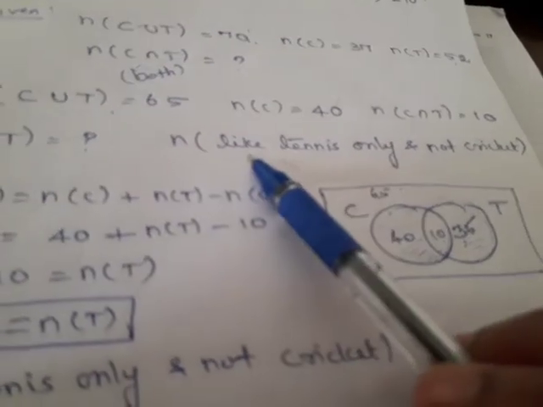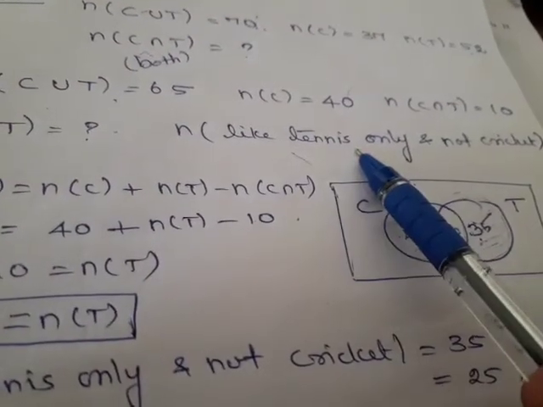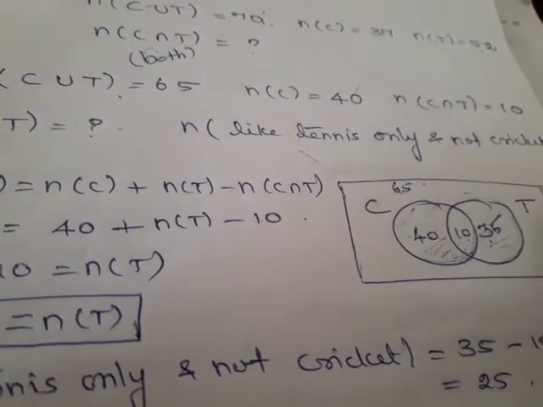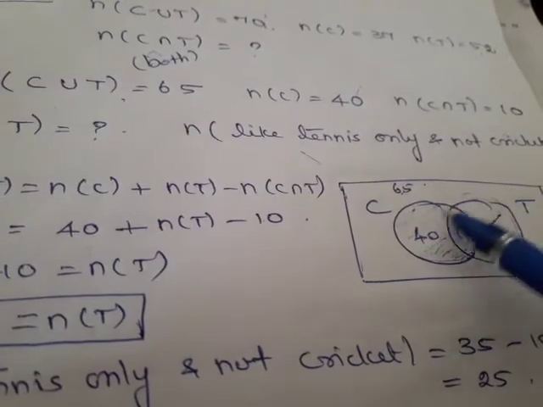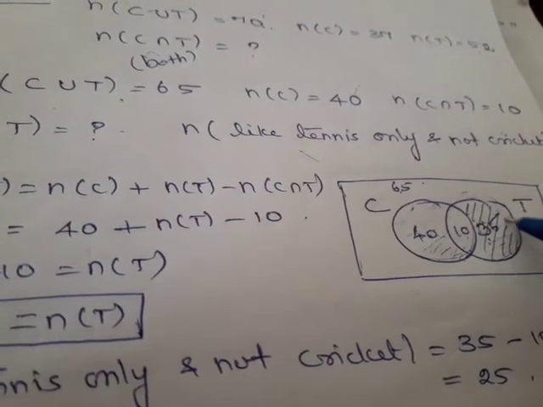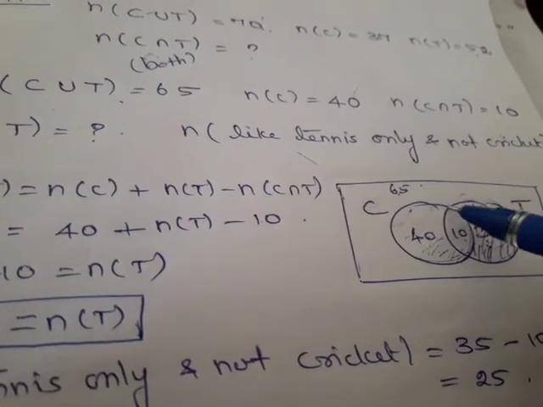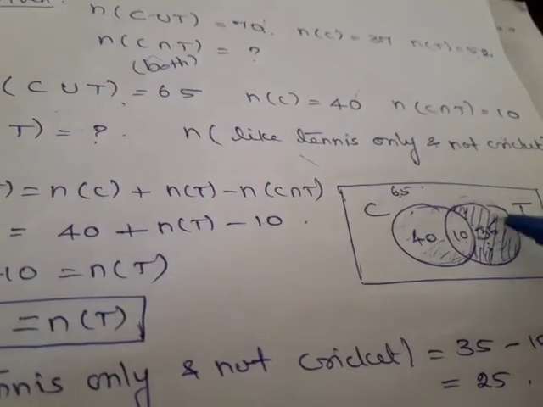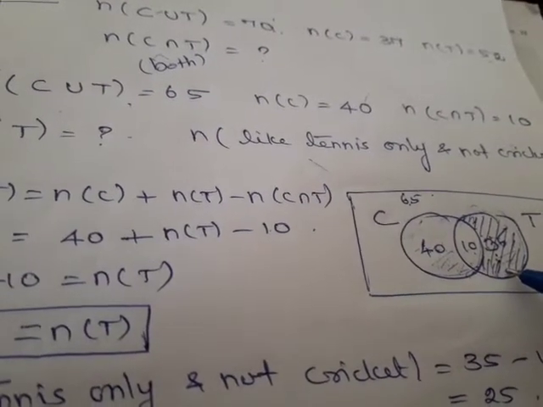But our next question is to find people who like only tennis and not cricket. Looking at the diagram itself, we can easily identify only tennis, not cricket, as this region. Here is the overlapping, so we don't want this count; we need only this count. How will you find it?